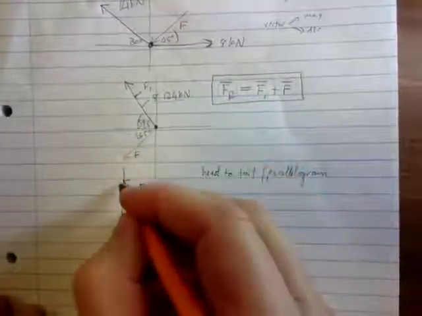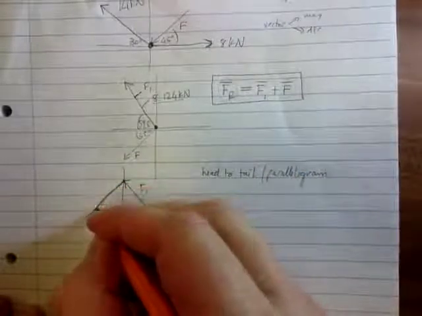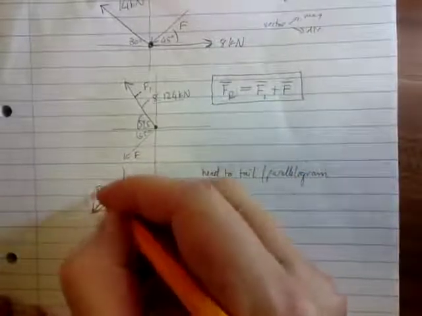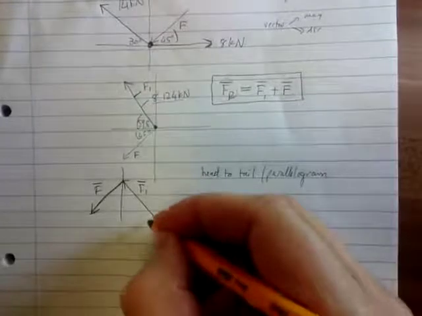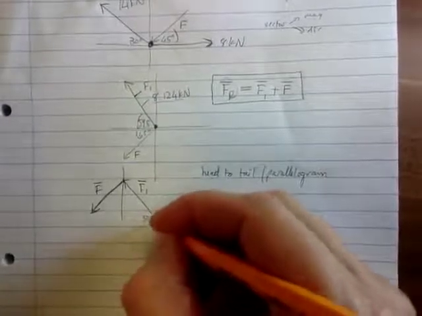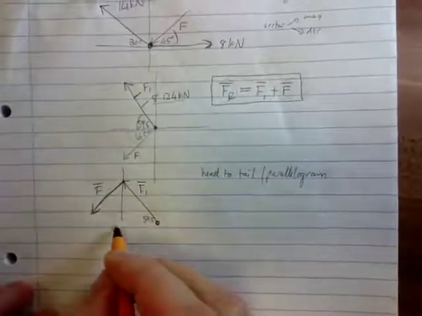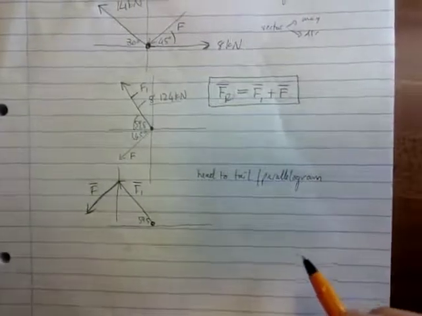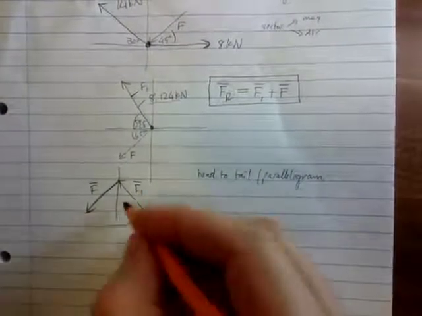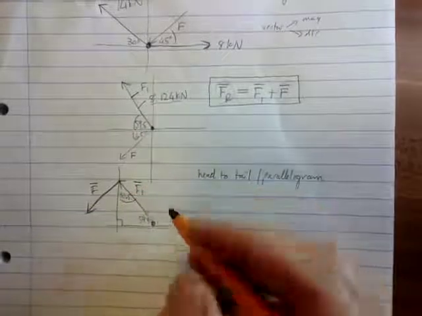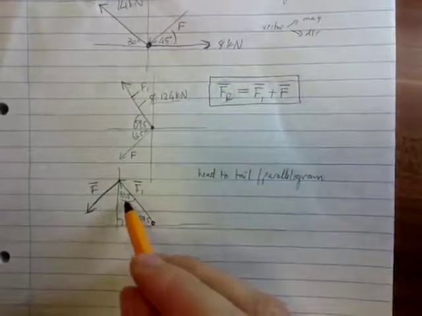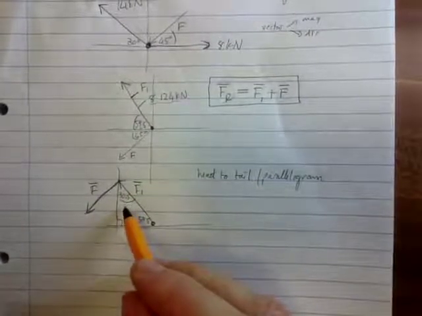So there we have our F now, and we have our F1. Okay, are we still clear? Now we just put in some angles. Remember, this is 59.5. You'll see why I'm doing this. We have 59.5 and we know that this is a right angle, and this then becomes 30.5.